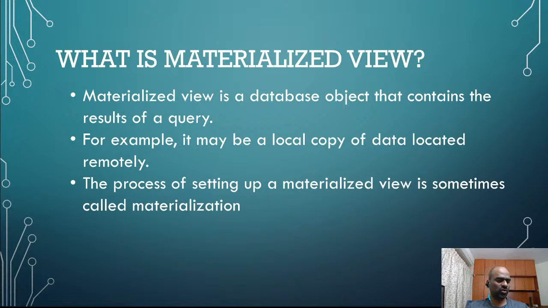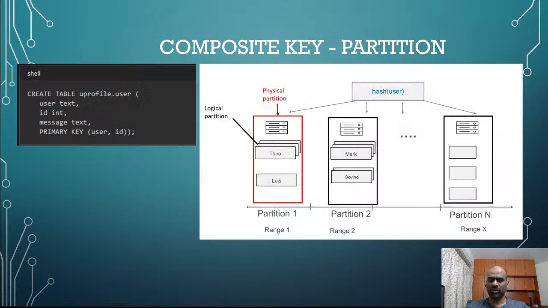So the next is the materialized view. Let's get into this in detail. What we saw was the advantage of Cassandra DB. It's NoSQL. It queries faster. It's basically a columnar database.